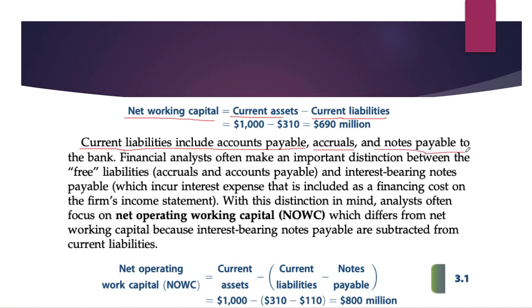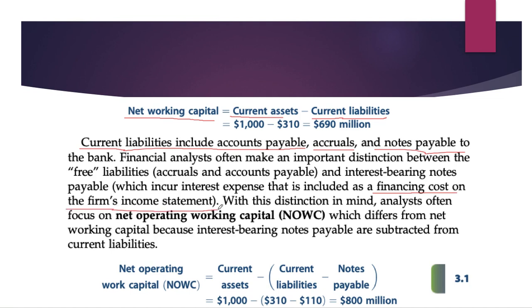And usually financial analysts make a distinction between the free liabilities and interest-bearing notes payable, as we said, which incur interest expense. That is included as a financing cost on the firm's income statement. So this financing cost item will show on the income statement.